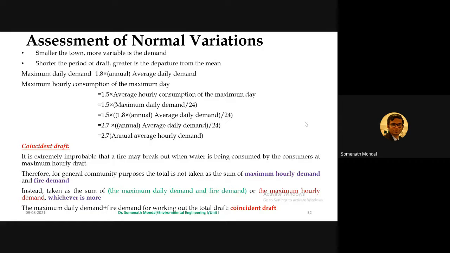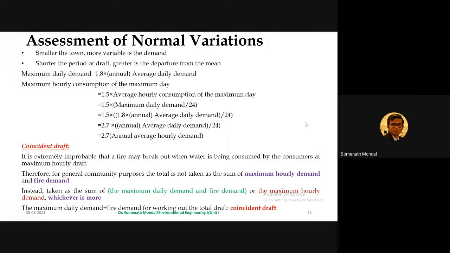So the maximum demands, monthly, daily, or hourly, are generally expressed as ratios of their means. These ratios may vary considerably for different communities as well as different regions, and that is what I mentioned several times, so that you can keep that in your mind.